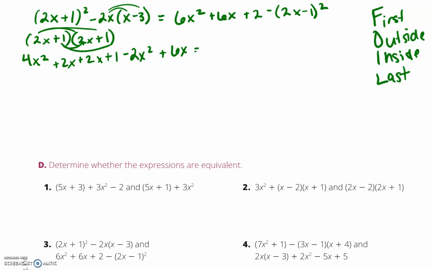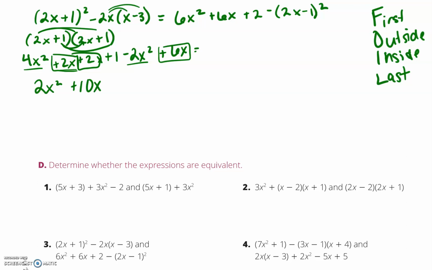All right, so now we can combine our like terms. I have 4x squared minus 2x squared, which gives me 2x squared. I have 2x plus 2x plus 6x. So 2x plus 2x would be 4x plus 6x would be 10x.